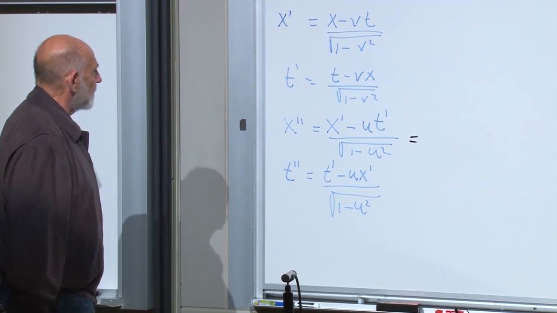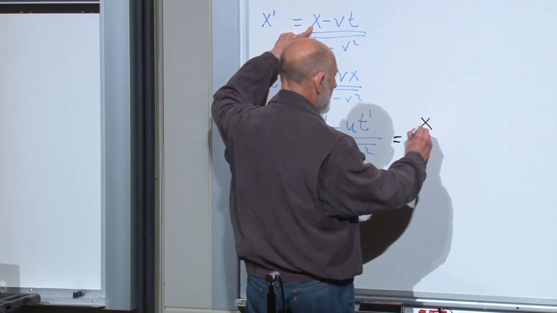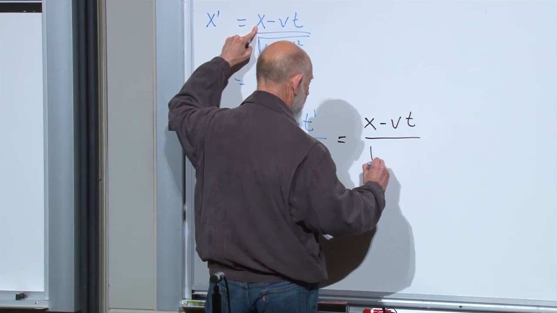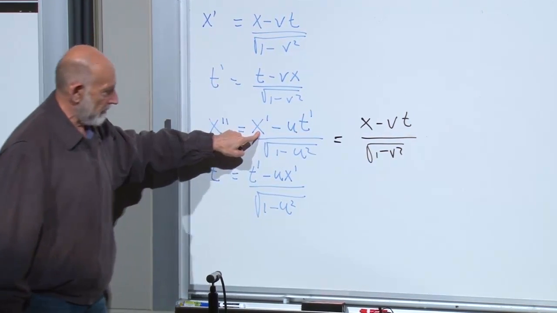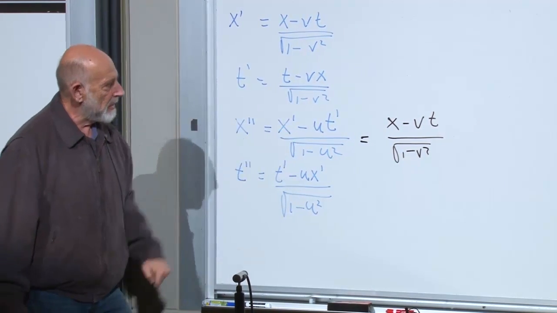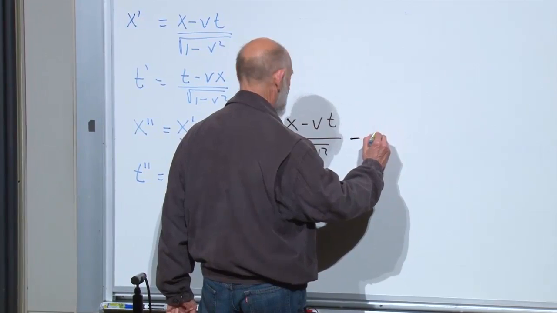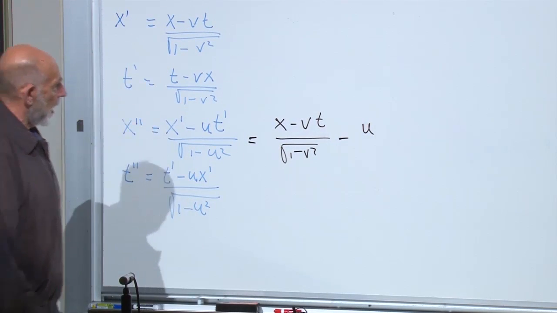All right, so x prime is x minus vt divided by square root of 1 minus v squared. Now that's just this x prime here. So far that's just x prime minus u t prime, and let's put in t prime.